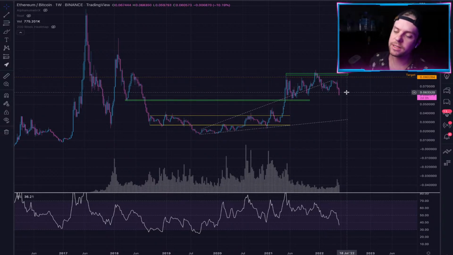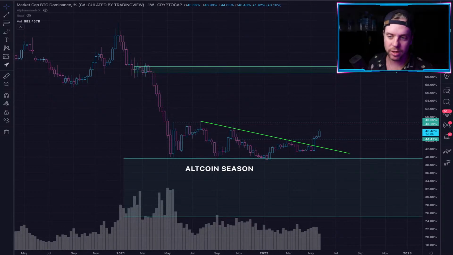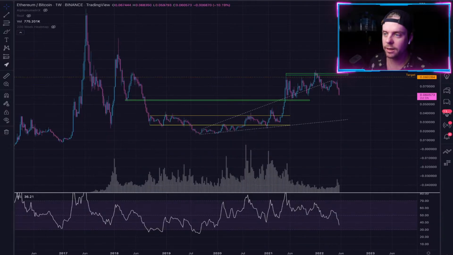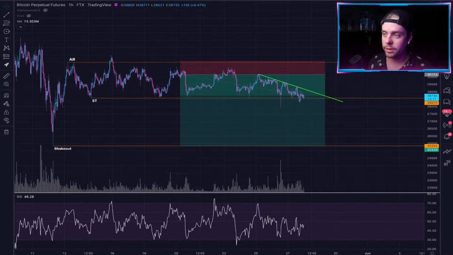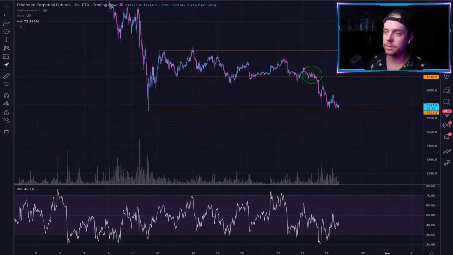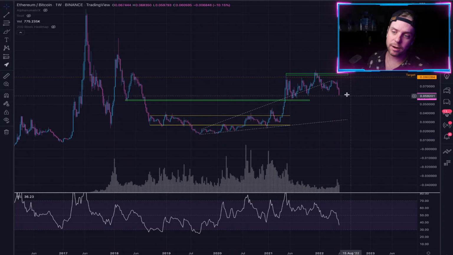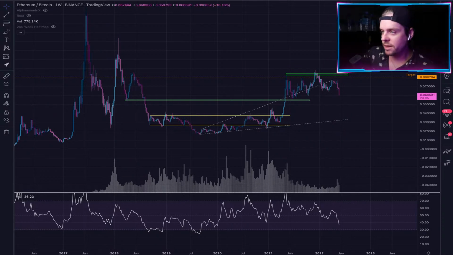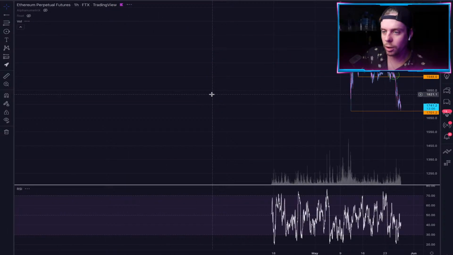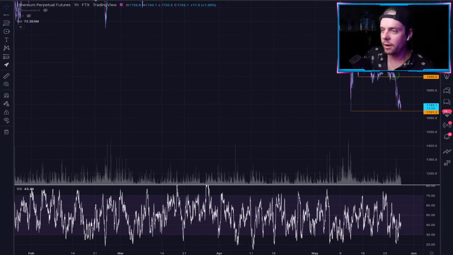We're confirming this distribution on ETH, which aligns with what we're seeing in Bitcoin dominance as Bitcoin dominance is rallying. And you can see it, there it is. ETH is underperforming Bitcoin by a lot. And the ETH BTC pair is ready to dump big time. My targets for ETH are low. They are very low.